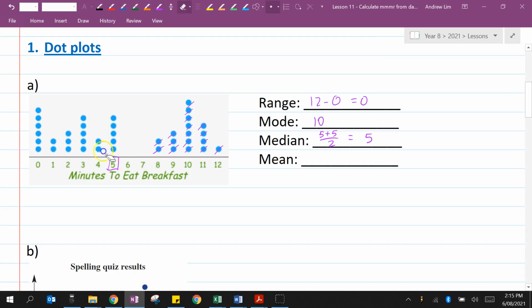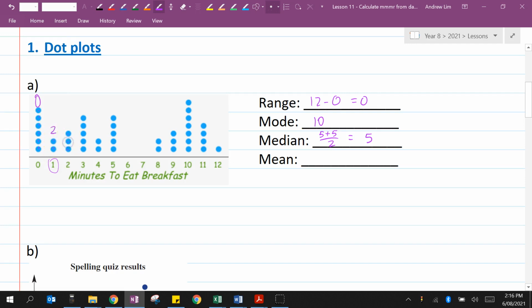Well, that means we need to know how long it took each person. So for each of these 6 people here, they all didn't eat breakfast. So they took 0 minutes each, so 0 times 6 is 0. These 2 people took 1 minute to eat breakfast each, so 1 times 2 is 2.